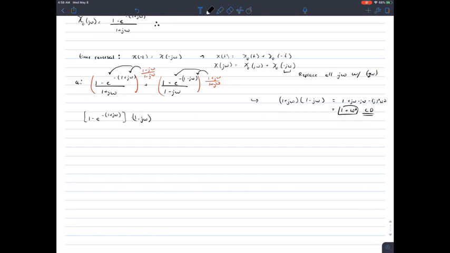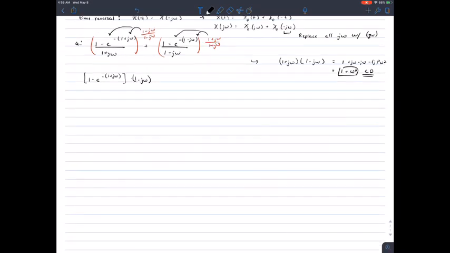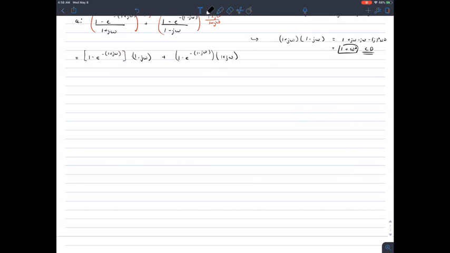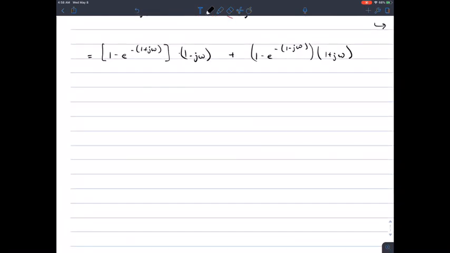We're going to plug the denominator in later, just so it's not so cluttered, okay? Plus 1 minus e to the negative 1 minus j omega, all of this times 1 plus j omega. Like I said, we're going to plug the denominator in later, so don't think I'm just forgetting it, okay?